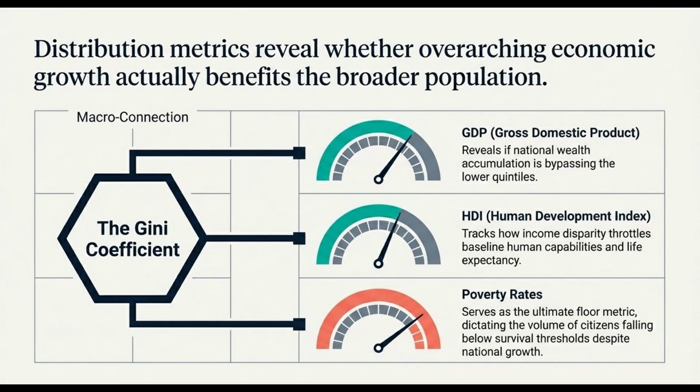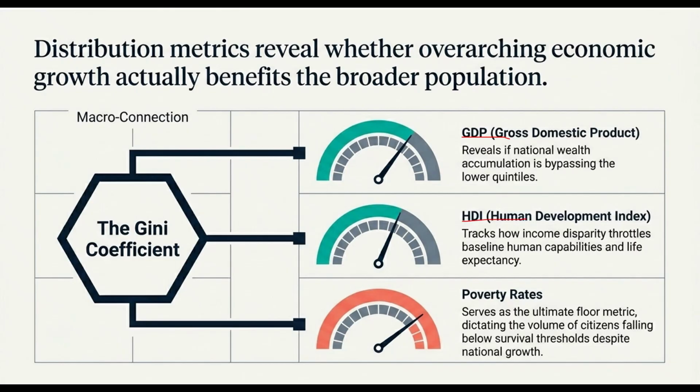Now let's see the connection with the economic growth. So income distribution is closely connected to the broader economic indicators, right? Let's start with the GDP. So gross domestic product measures the total economic output of a country, right? However, GDP growth alone does not guarantee equal wealth distribution. Okay. And what about Human Development Index?